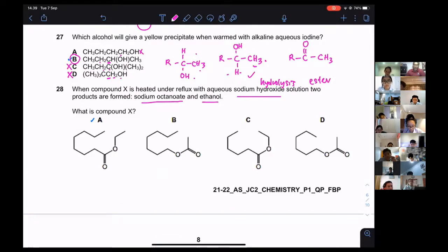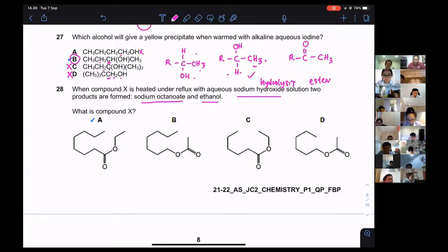So I'm dealing with ester, and I can see A, B, C, D are all ester. If it is hydrolysis, I need to find out what bonds will be broken. This bond, this bond. So I'm going to get ethanol, 2 carbon. The H will come beside the O here. Just make sure that you have 2 carbon. 1 carbon, 2 carbon, possible.